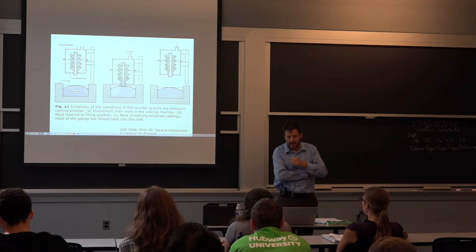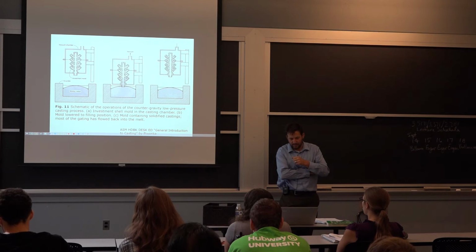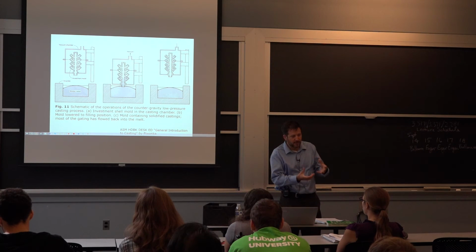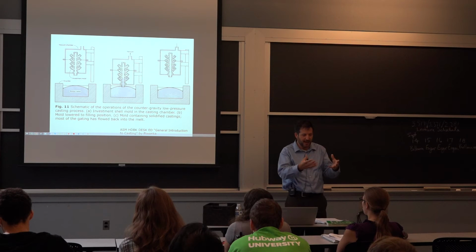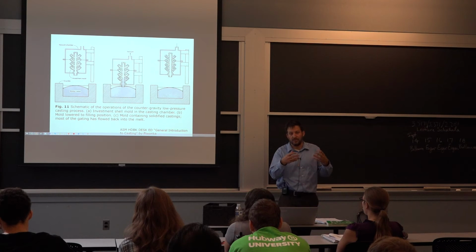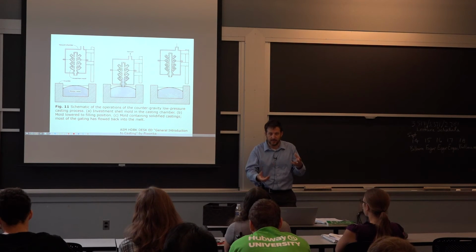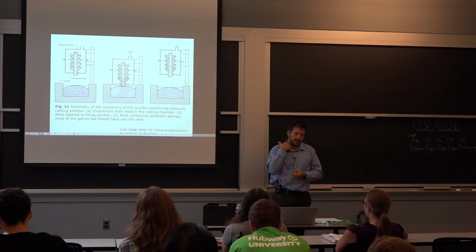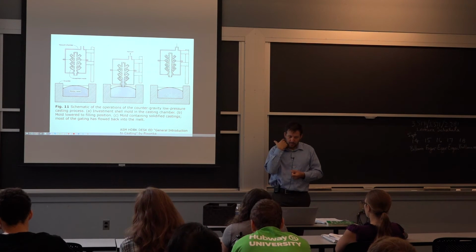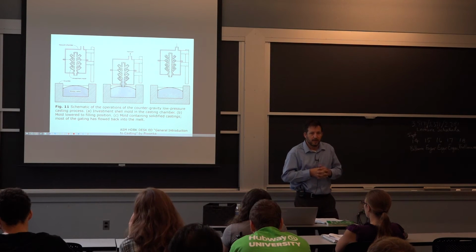If you want to make something, even with hollow cavities, something that you couldn't take out of the mold, you can make that part out of wax, you put it into a mold, you melt the wax out, and that's your investment. You invested in the casting, and then you can use it to pour the metal in. It's one of the most precise methods of casting.